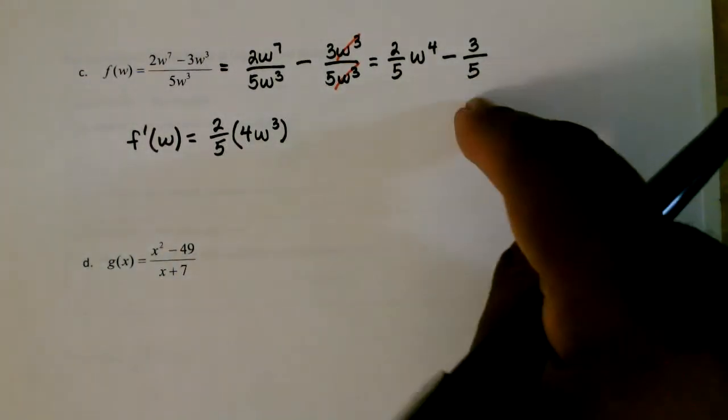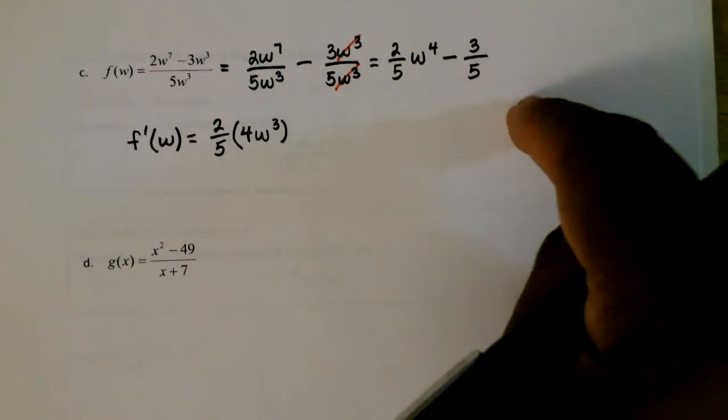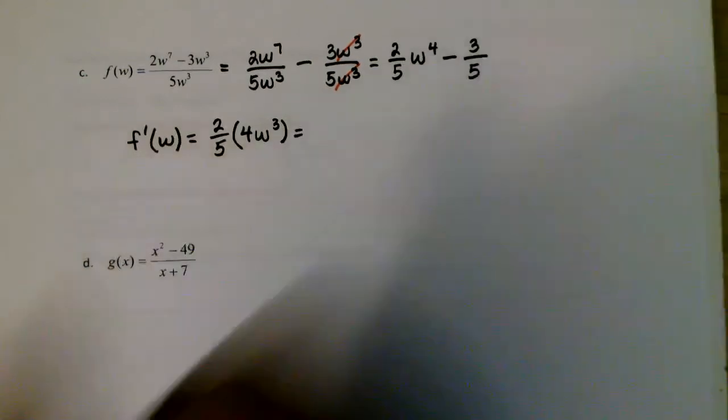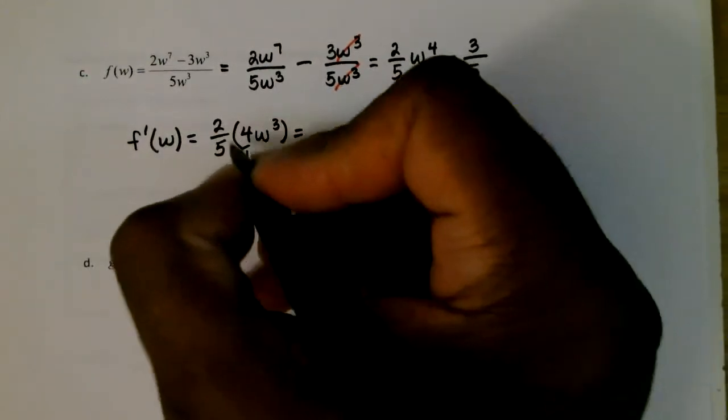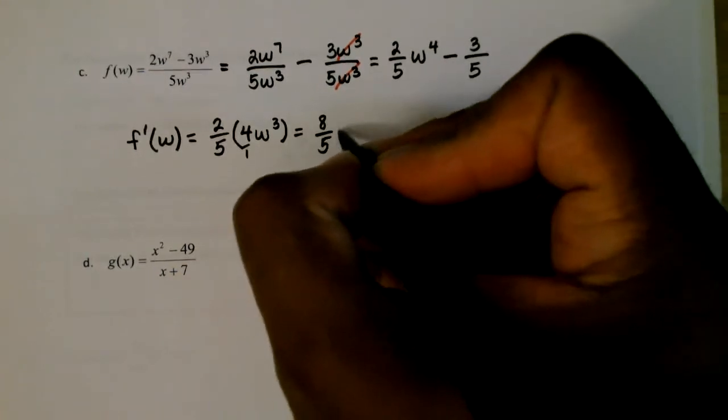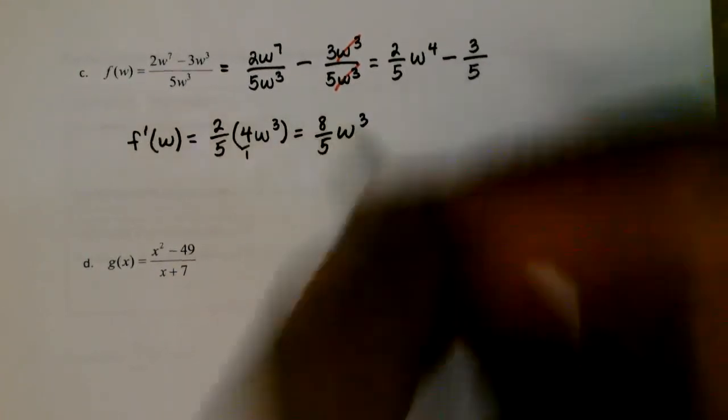And the derivative of a constant, 3/5, is 0. So I have f prime of w equal to 2/5 times 4w to the 3rd. Now, if I simplify that, that 4 is like 4 over 1. So 2/5 times 4 over 1 will be 8/5 w to the 3rd.